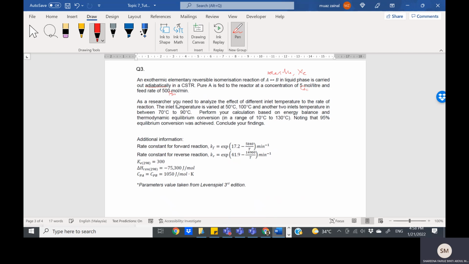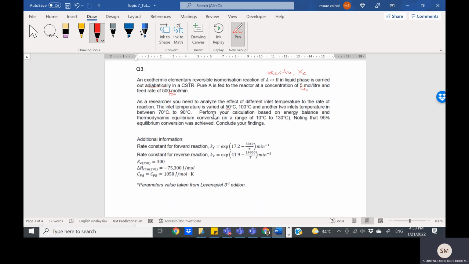As a researcher, you need to analyze the effect of different inlet temperatures on the rate of the reaction. The inlet temperature is varied from 50 degrees Celsius to 100 degrees Celsius, with another two inlet temperatures in between, 70 and 90. So there are 4 kinds of inlet temperature.